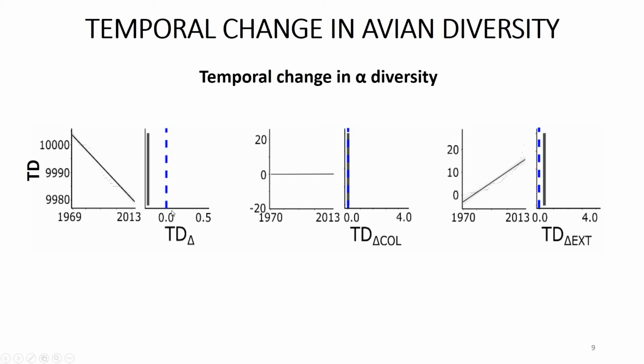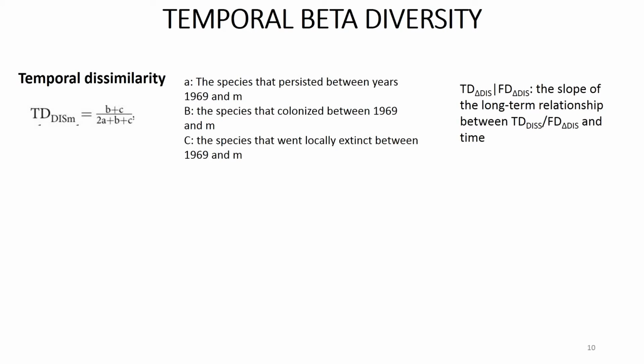If the slope is positive, it means species richness increases over time, and if the slope is negative, it means species richness decreases over time. They used the same protocol to evaluate the change in taxonomic diversity colonization and taxonomic diversity extinction, and for functional diversity as well.